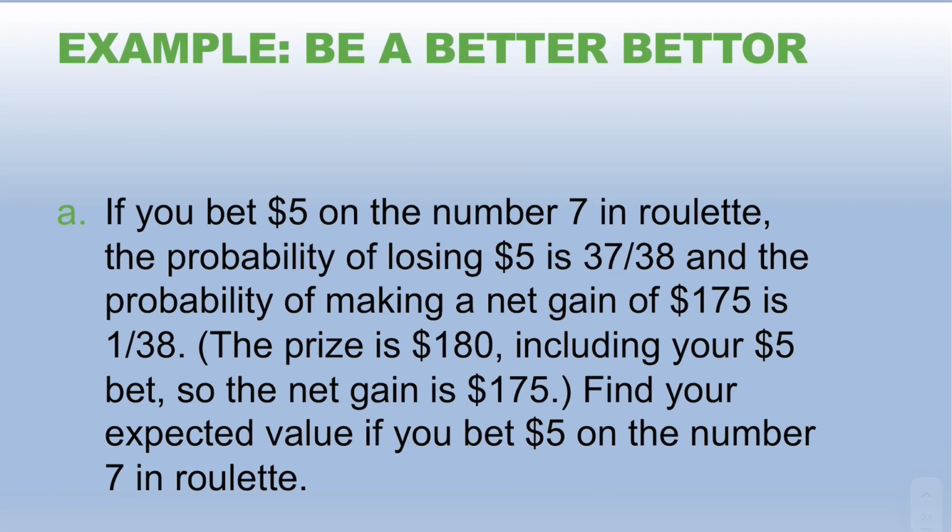Okay. So let's talk about being a better. Let's talk about this bet right here. So if you bet $5 on 7, then your probability of losing $5. Okay, so the X is going to be your change in wealth. And so, what are the possibilities? Well, X could equal -5, a change in wealth of -$5. The probability of that happening is 37 out of 38.